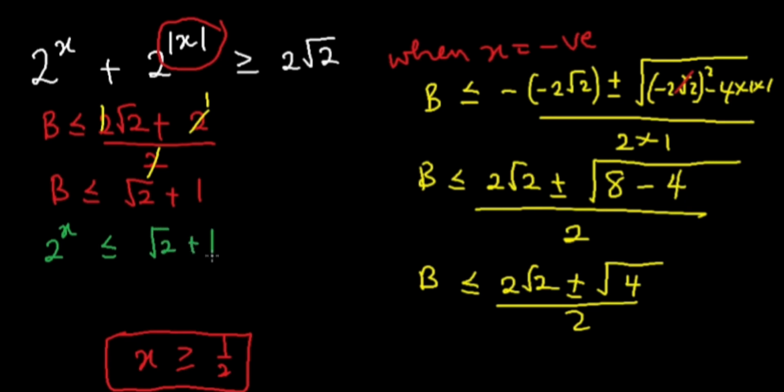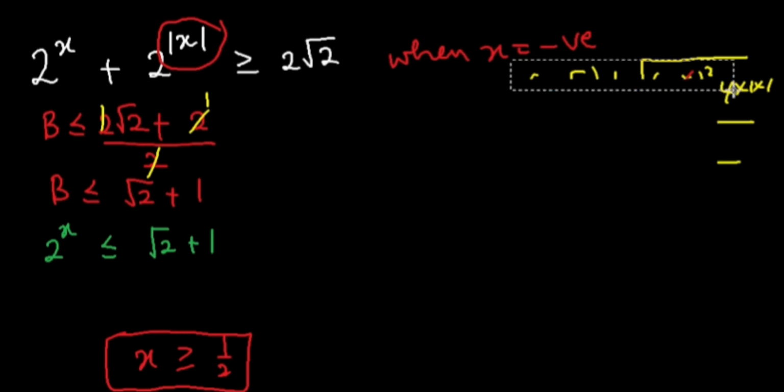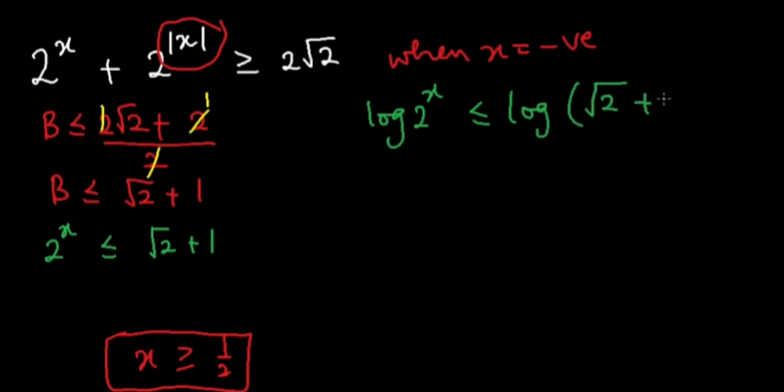Okay, so to get my x here, I need to introduce the logarithm to both sides, so we can bring down the value of x from being a power. So we have log of 2 raised to power x less or equal to log of root 2 plus 1.